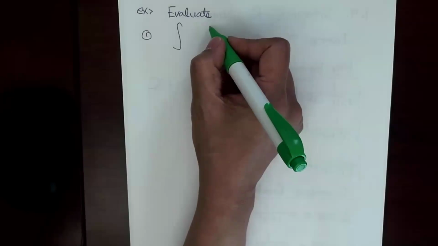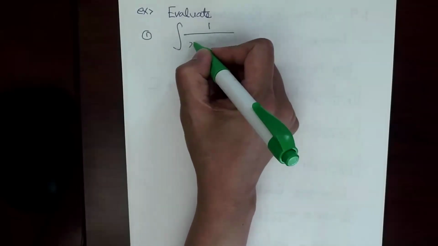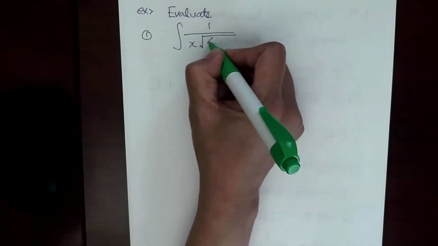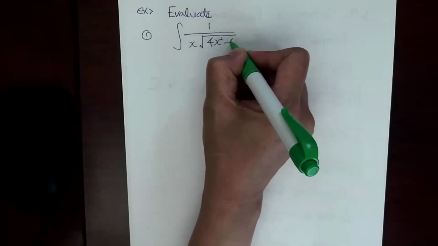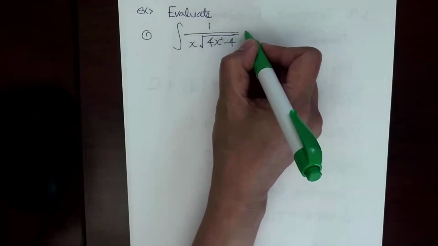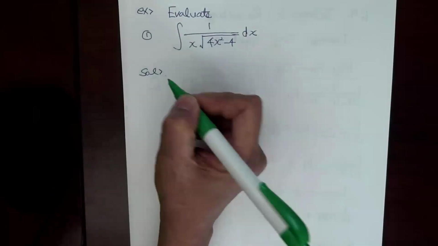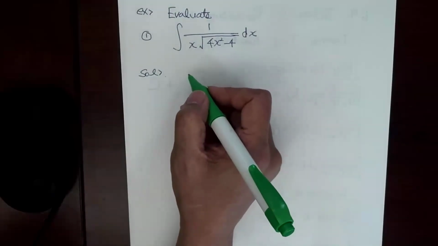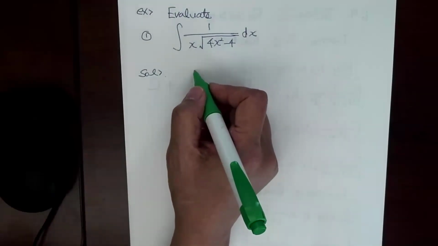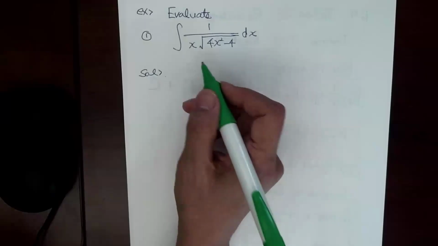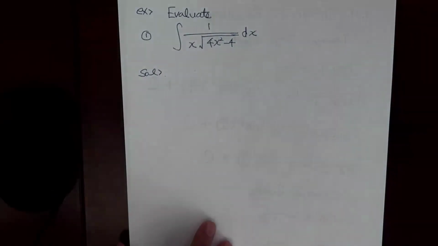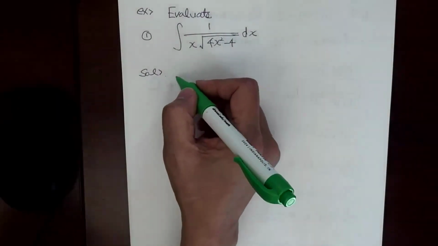So we have integration 1 over x times square root of 4x squared minus 4 dx. It looks quite complicated, but where is the formula I wrote? Let me just write down again.